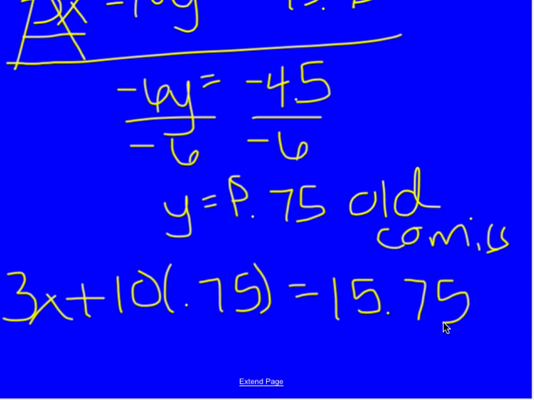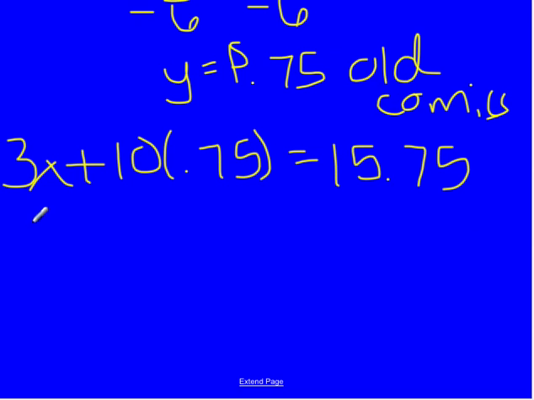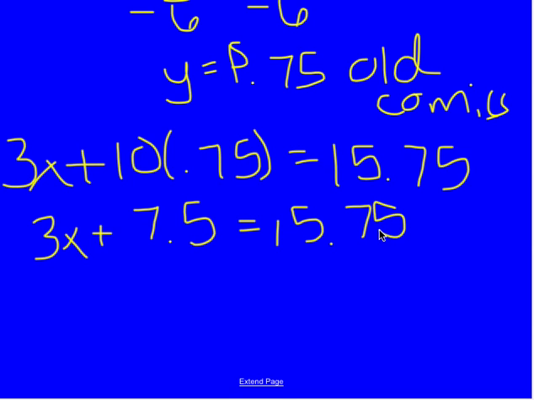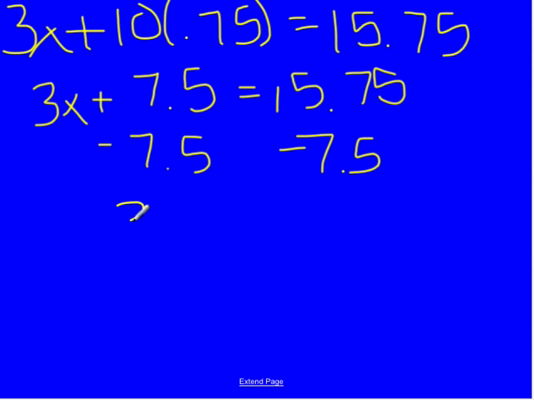So I have 3x plus 10 times 0.75 is equal to 15.75. First thing I'm going to do is multiply 10 by 0.75, and that gives me 7.5. Now I'm going to subtract 7.5 from both sides, and I get that 3x is equal to 15.75 minus 7.5, which is 8.25.